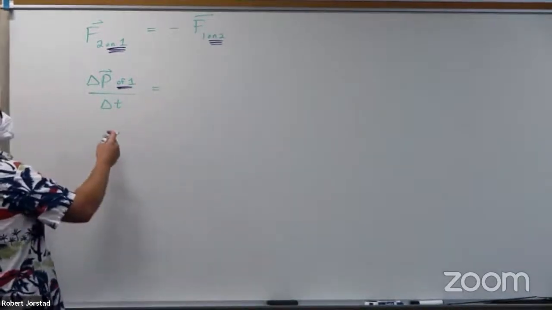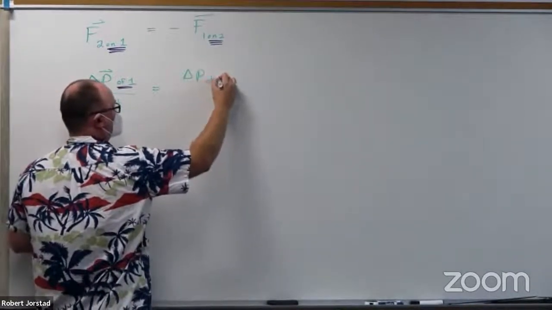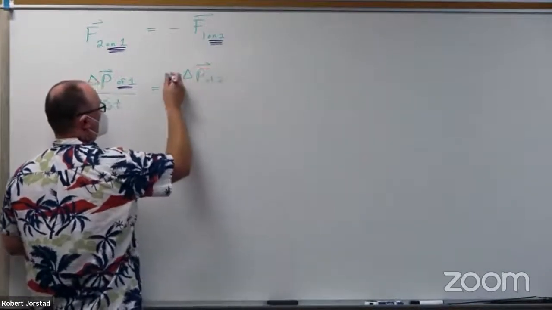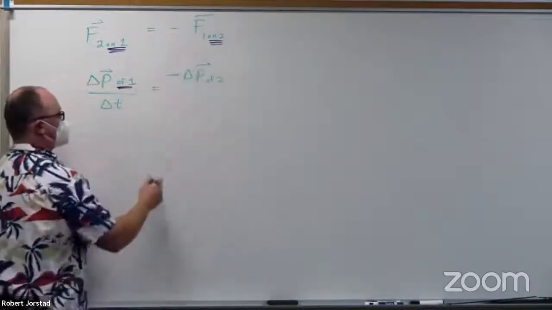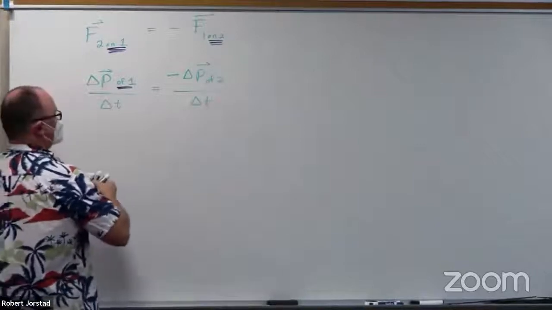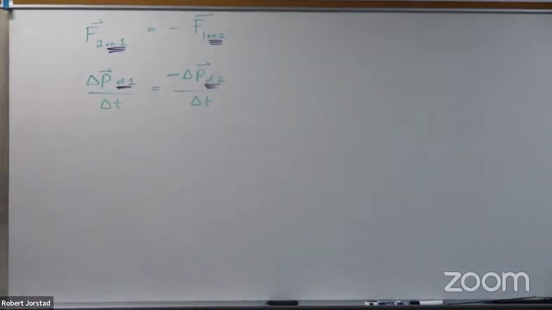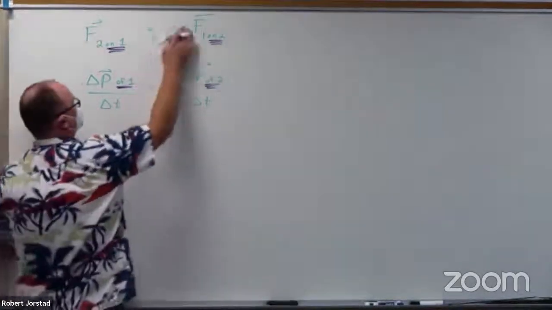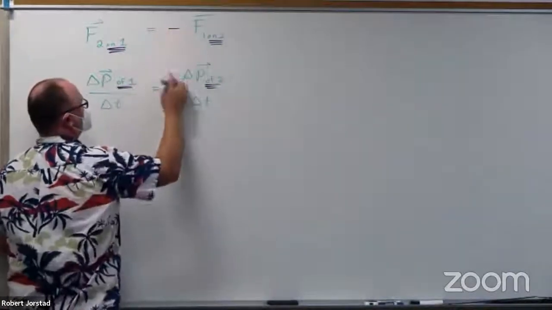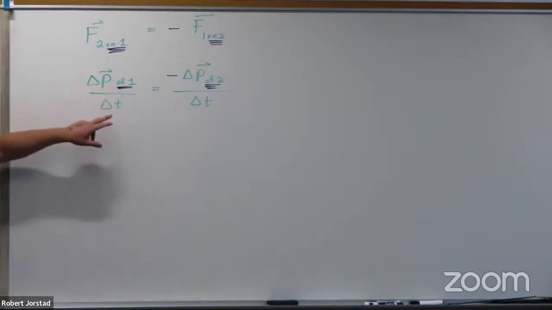Well, similarly, there's going to be this minus sign right there. And maybe I should make that stand out just because I think it's an important minus sign. Okay. The force on one is related to its change in momentum over time.